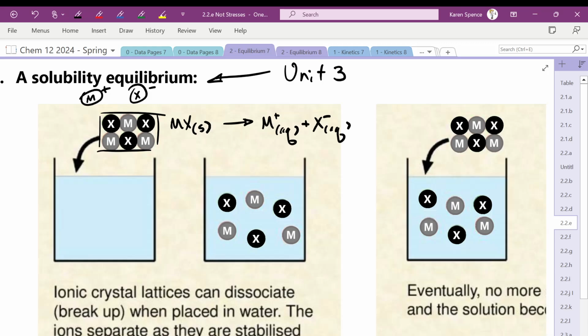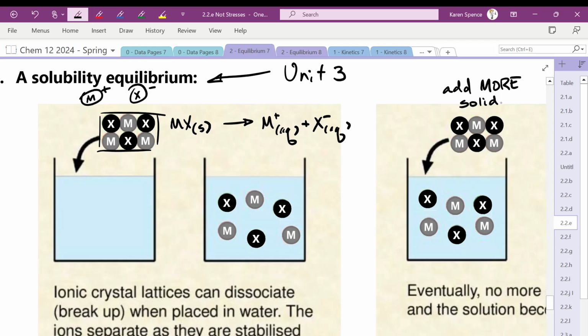Now, eventually, if we add more solid, what will happen to our solution eventually? We add more solid, we stir it, it disappears. We add more solid, we stir it, it disappears.